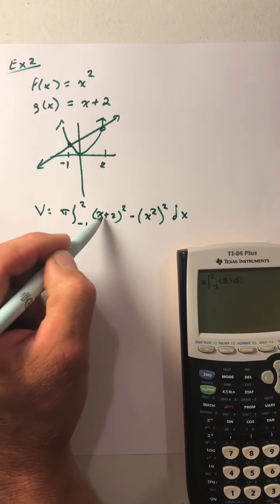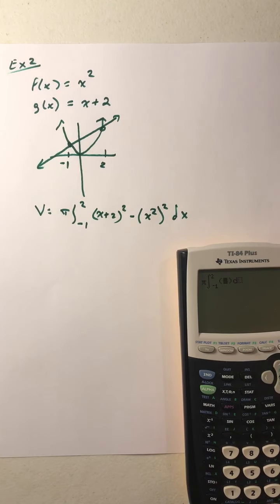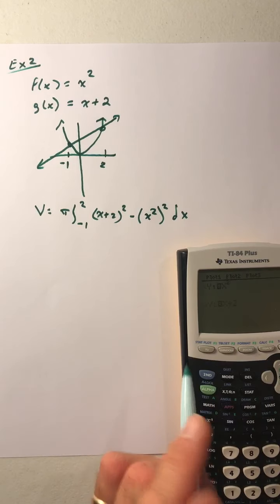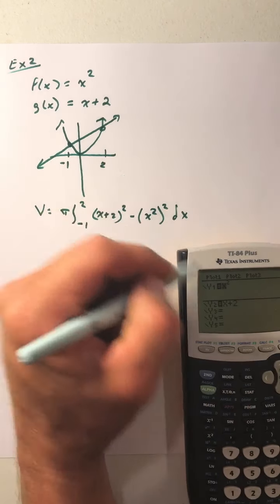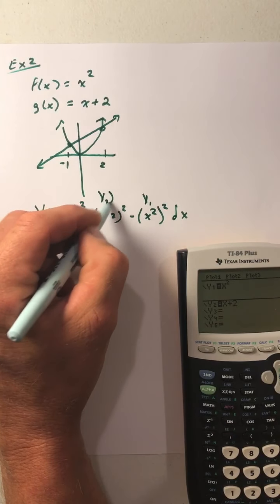But now we have this x plus 2. We could square out x plus 2 squared, or we could utilize the variables that we have, remembering that x squared was in y1, and x plus 2 is in y2.